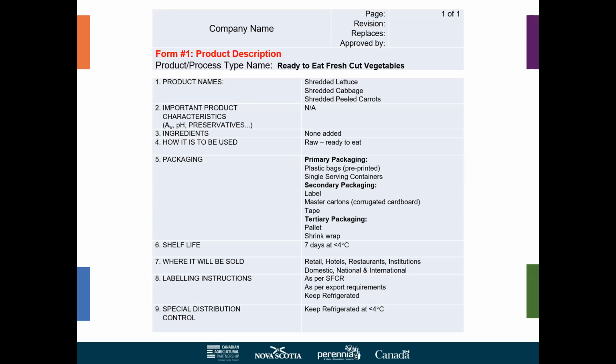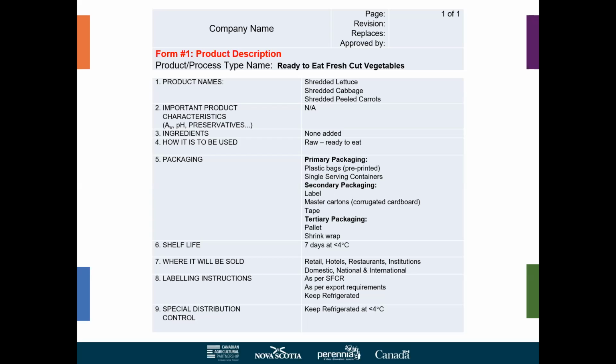The secondary packaging is going to be the label, the master carton, and the tape that they are taping the master carton up with. Now, if you're using staples to staple your master carton, that would be considered secondary packaging, and you want to identify this because staples could end up becoming a physical hazard. And then tertiary packaging would be your pallets and your shrink wrap.